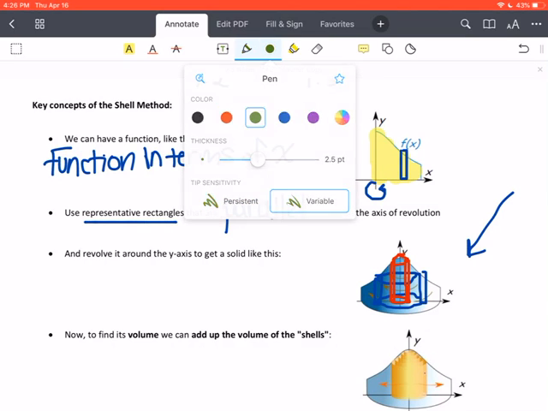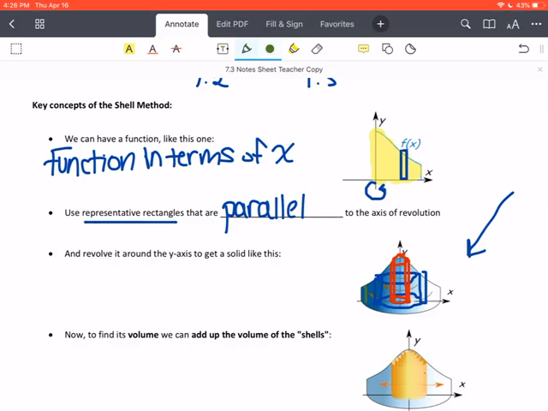Then I could make another cylinder that maybe uses the edges of the function, and if I rotate that, that is going to be even shorter. So we have cylinders inside of cylinders inside of cylinders. I don't know if you've seen around Christmas time the Santa Clauses that fit inside of each other. That's what I think of when I think about the shell method.